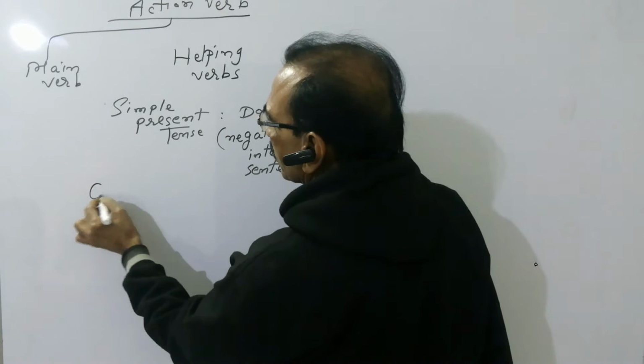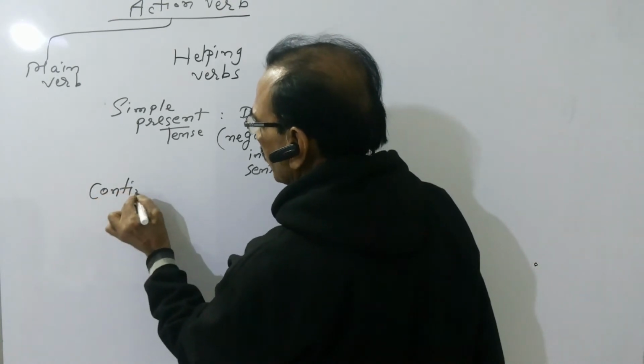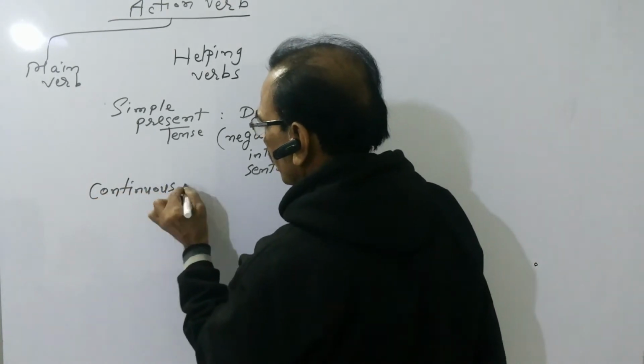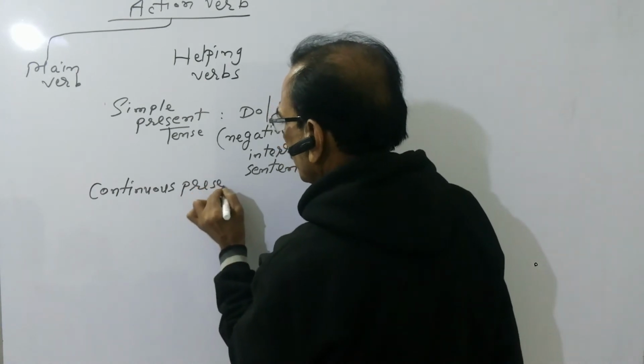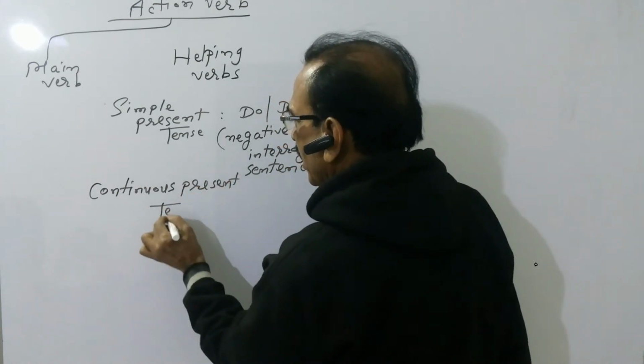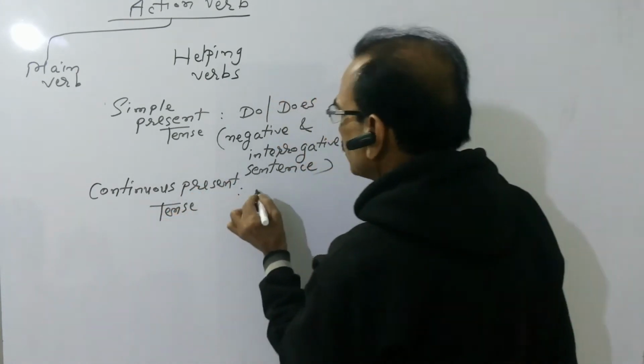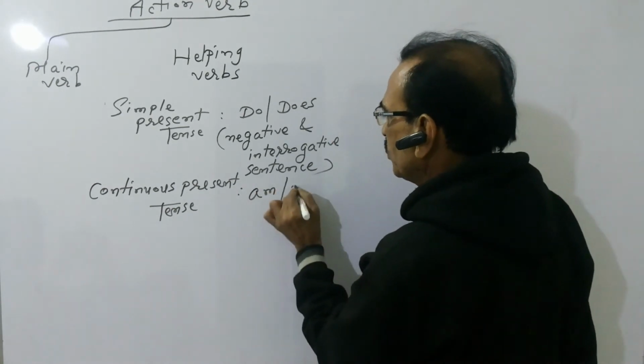In continuous present tense, we are using am, is, are as a helping verb.